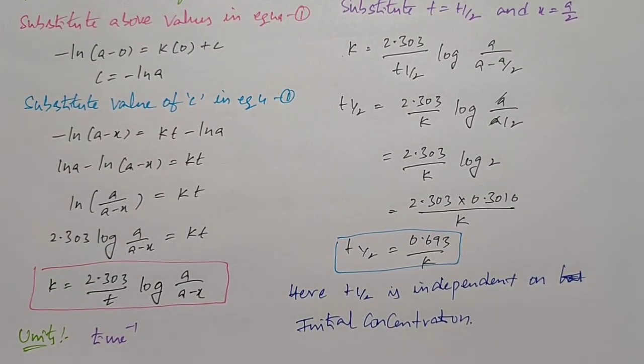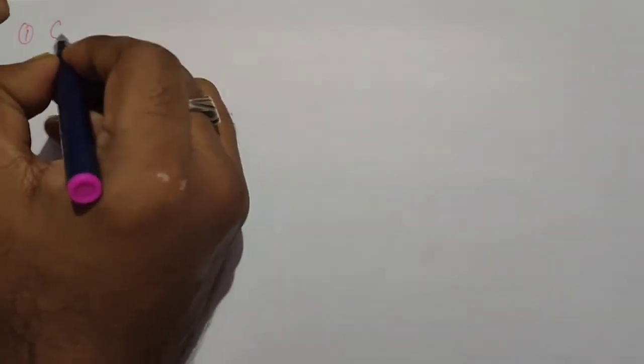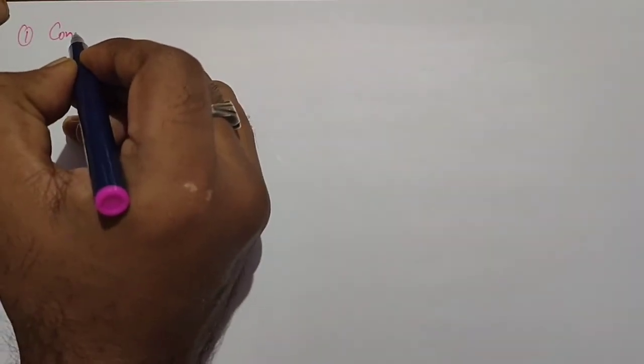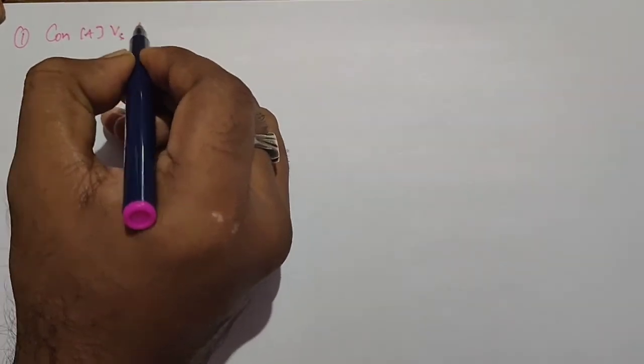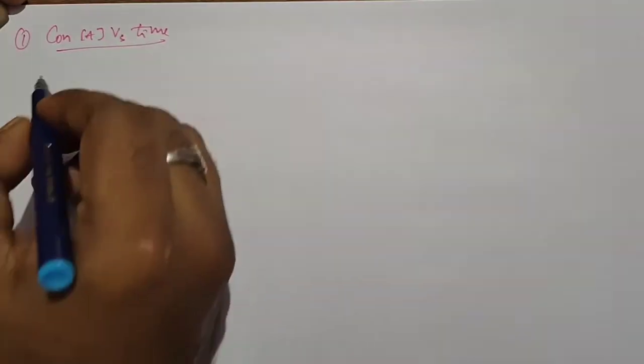Next we take some important relations and graphs based on first order reaction. Now we discuss some important graphs based on first order reaction. So the first graph, I take the concentration of A versus time. I take the x-axis and y-axis.